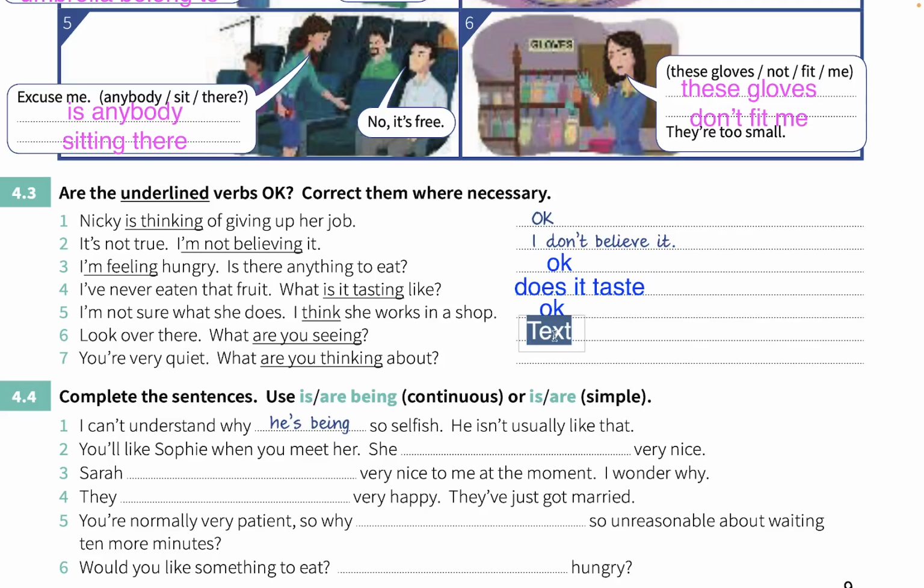Is it correct or not? I think it's correct. Almost. Oh, wait, it's not correct. Oh, okay. The correct form is, what do you see? Yes.